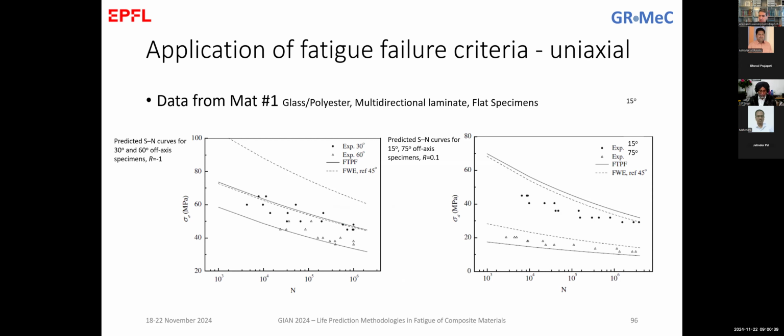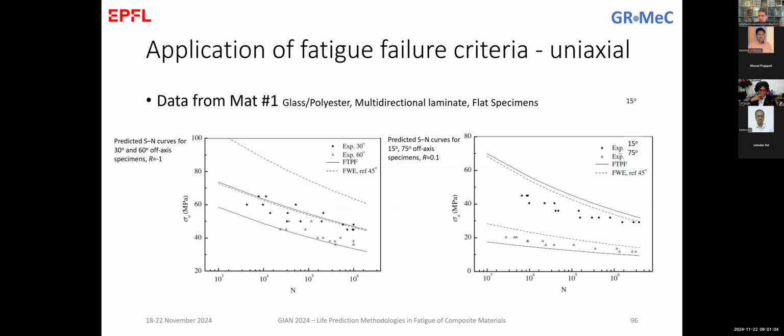Mostly it's FTPF that is the more accurate. In this case, we used Fayaz and Elin with the reference at 45 degrees. When we try to predict 30 and 60, the prediction for 60 gives the data for 30, and the prediction for 30 gives very, very high data points.